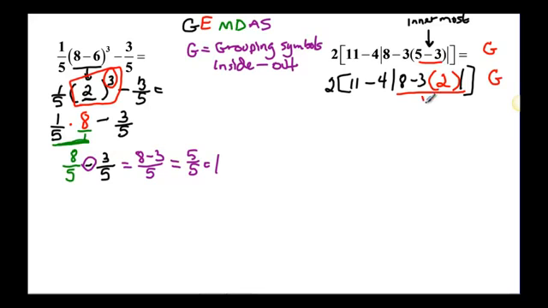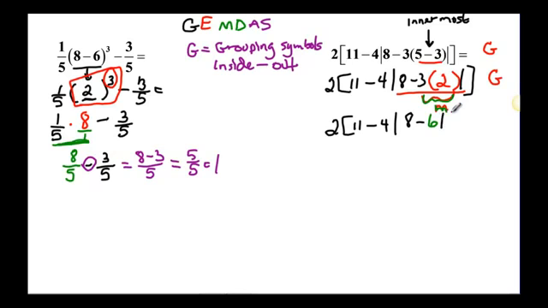Inside there, we have to look at our multiplication. All right, so let's see what we can do here. 2, bracket 11, minus 4, absolute value, which is a grouping symbol, and then 8, minus, and I have to do my multiplication. In fact, I'm going to do that in green since we're used to multiplication being green. And 3 times 2 is 6.